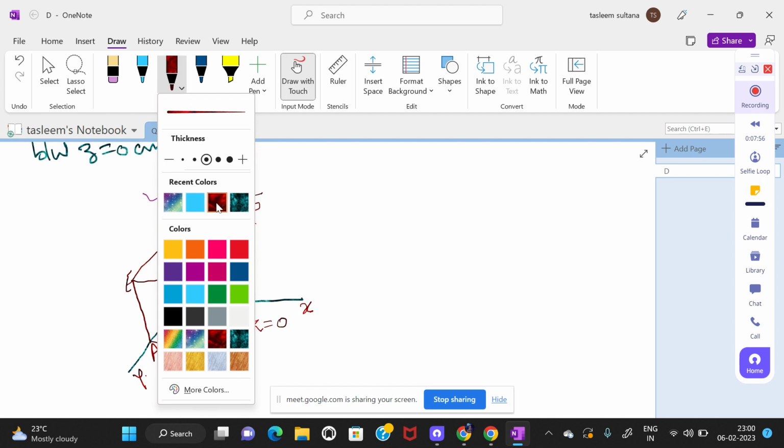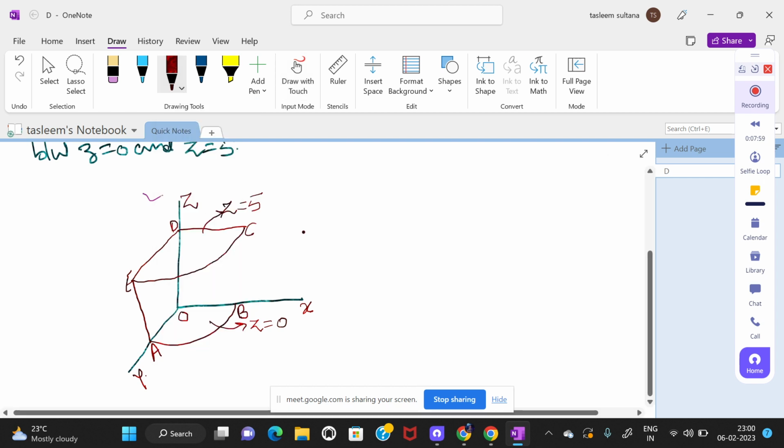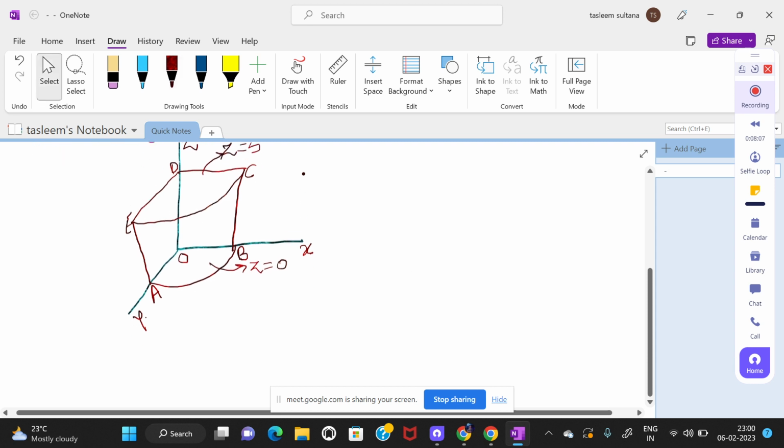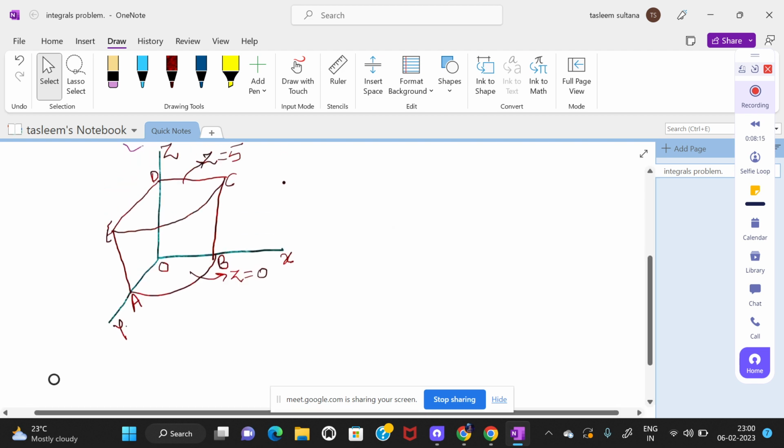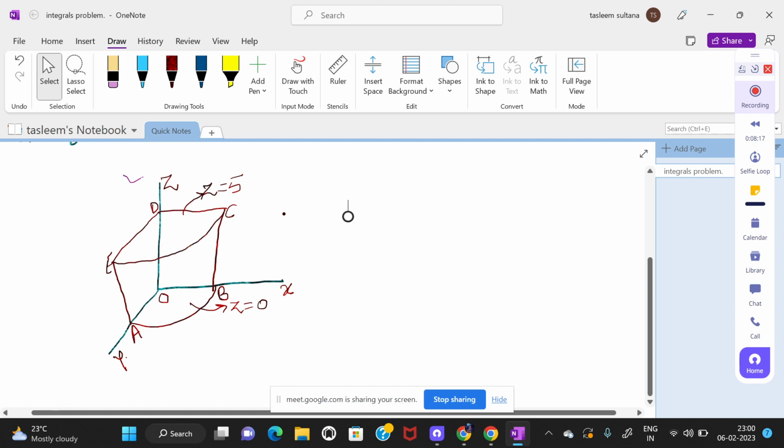Shall we proceed with the problem? Yes, ma'am. Did you take down that graph? Yes, ma'am. Right. Then the given surface S, I need it in a figure also.